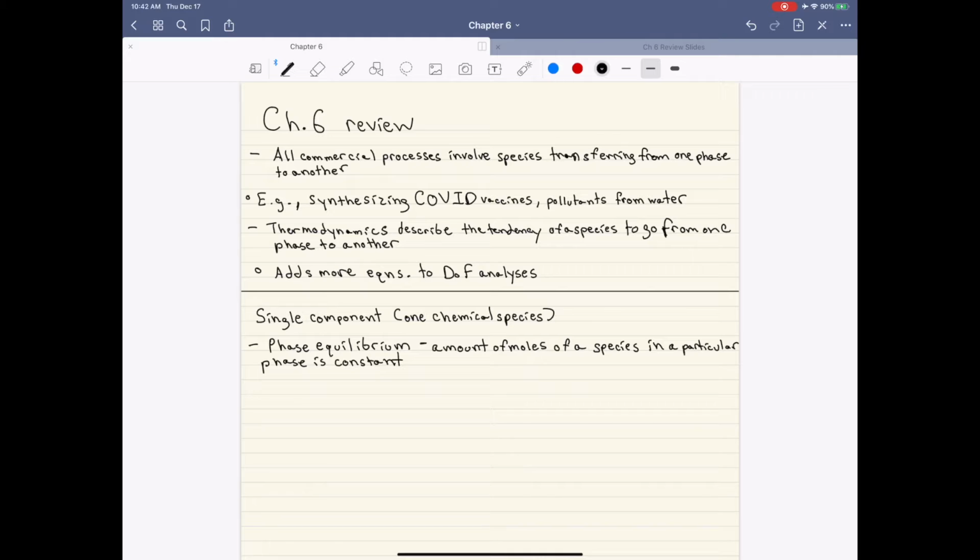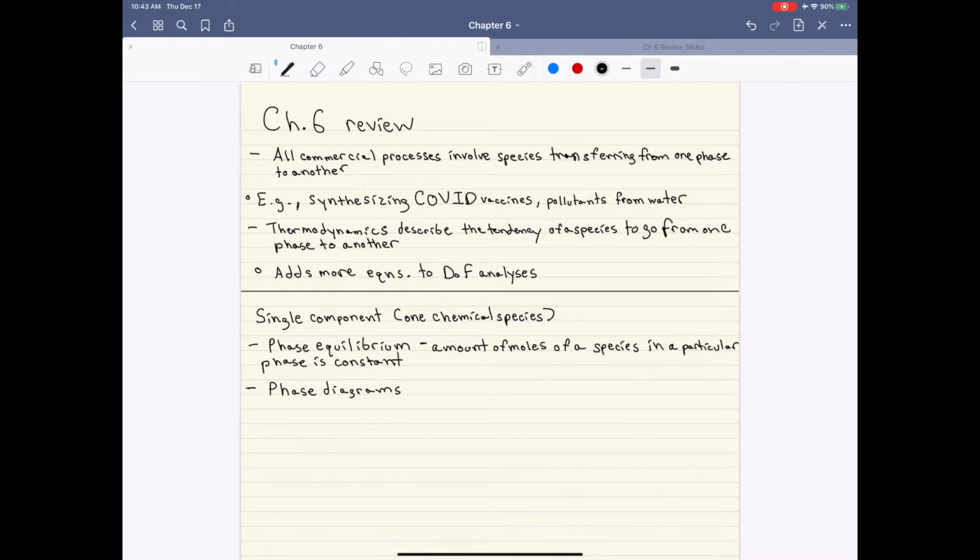Another thing that we're going to discuss quite frequently is phase diagrams. What a phase diagram is, it describes what phase a species is going to be in under various conditions. Okay?